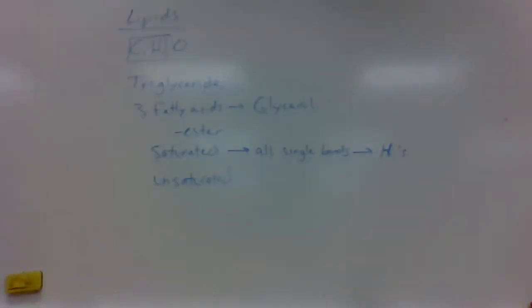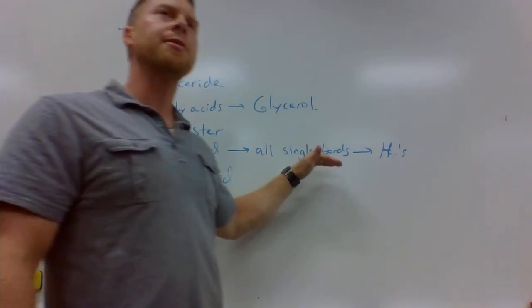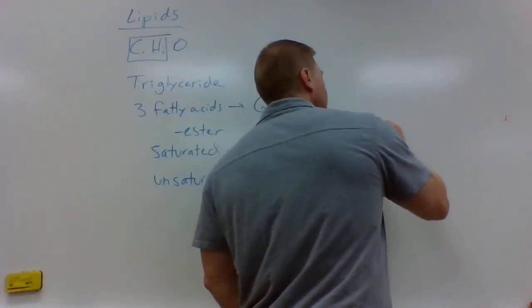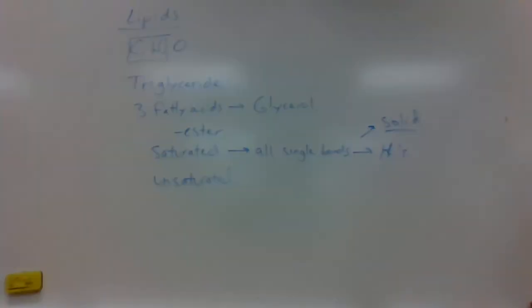So they are saturated with hydrogen as a result of having all single bonds. The single bonds make very linear chains, and as a result, saturated fats are going to be solid at room temperature. So if you look at animal fat, like the fat on a steak or butter, that is made up of saturated fat, all single bonds, maximum hydrogen, linear chains.